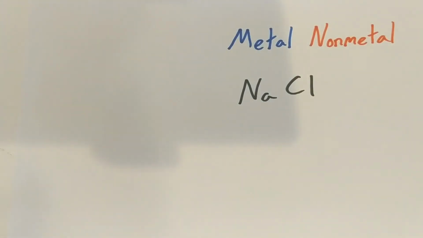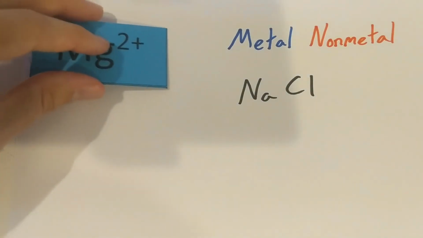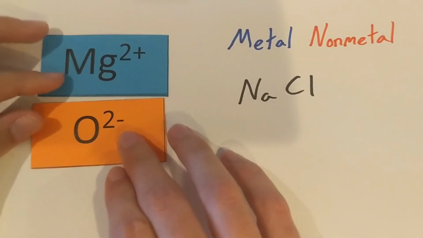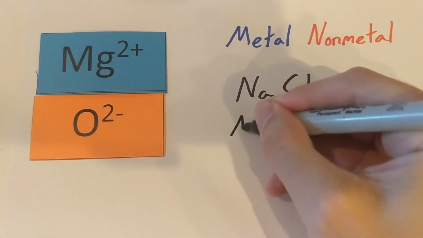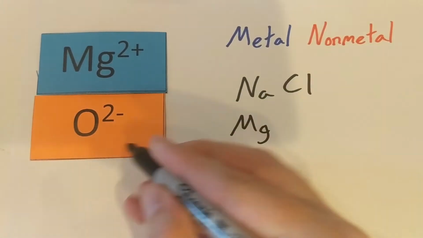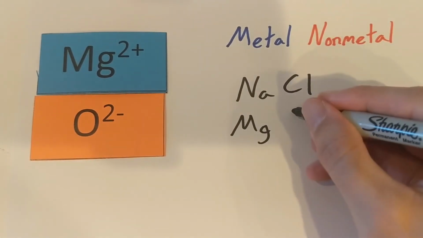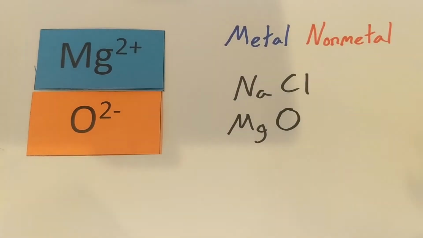So another example, we could do the magnesium oxide. When I'm writing this down, I put my metal first, which is magnesium, and then oxide second. Magnesium oxide.